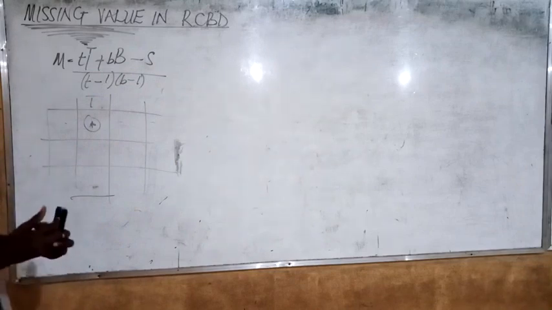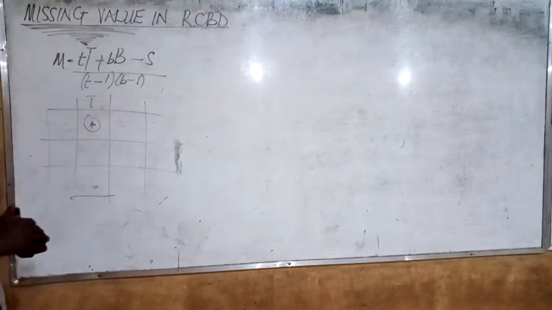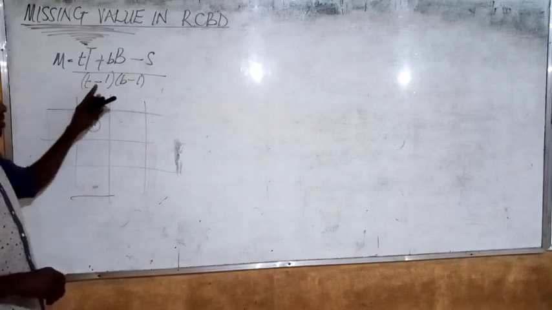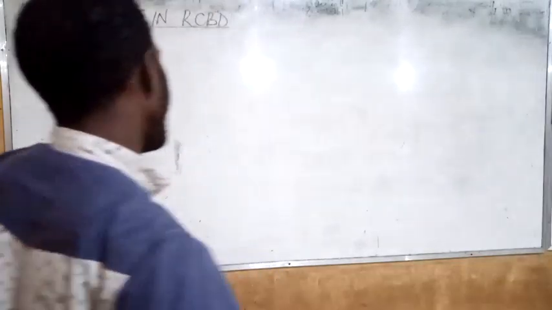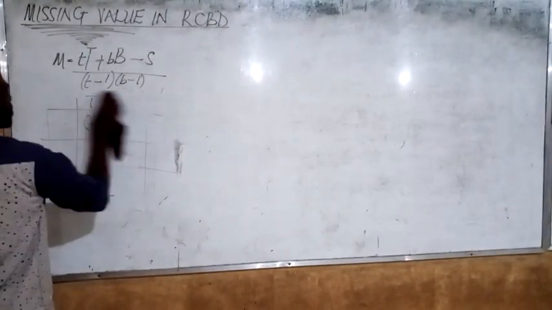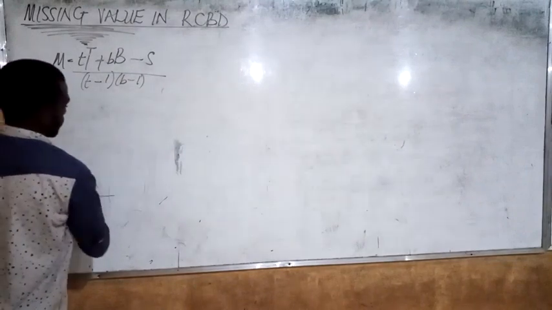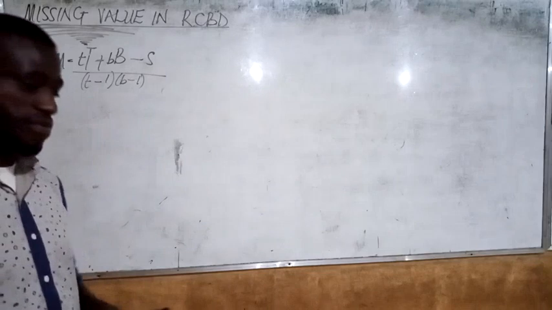So do you see that it's just a way of estimating? Then you divide by the degrees of freedom error. Remember that t minus 1, b minus 1 thing, right? That is how to calculate the missing value.